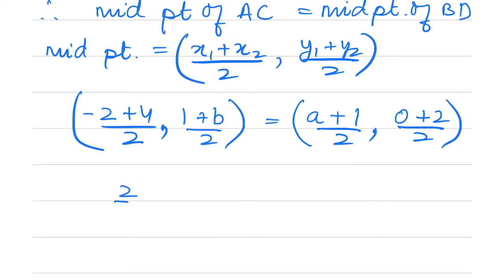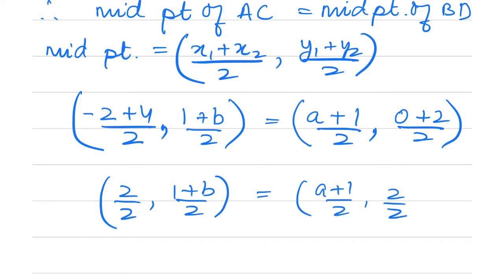So we have 2 by 2 and (1 plus b) by 2. This is equal to (a plus 1) by 2 and 2 by 2.